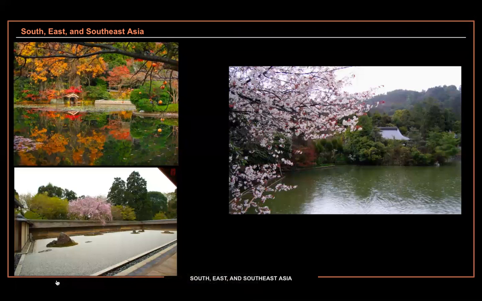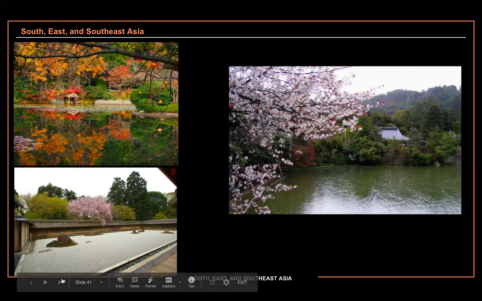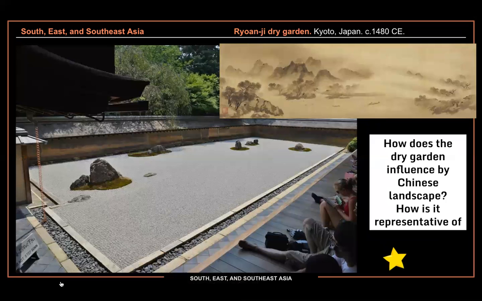So here's some different views of how you see the seasons in this complex, Ryoan, right? So the style of these dry gardens do have an influence. And so if you notice this Chinese painting on the top right, what are the similarities in the characteristics?